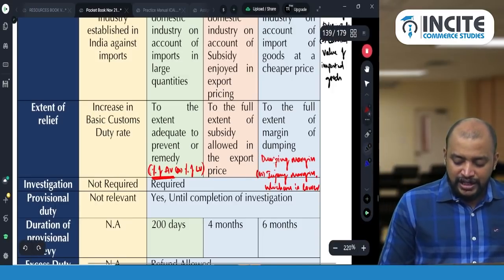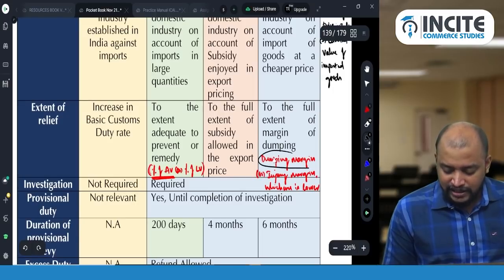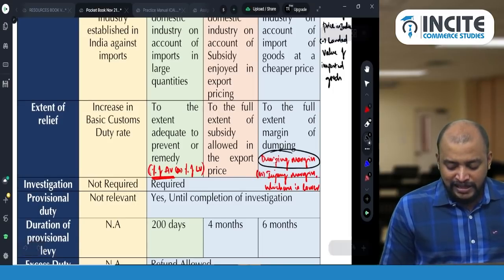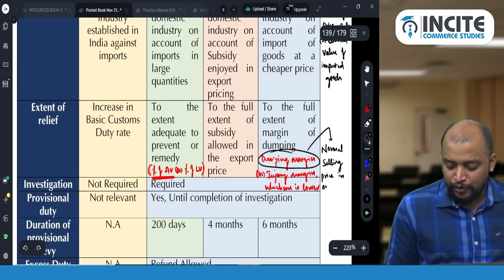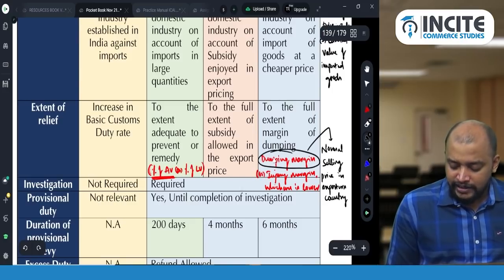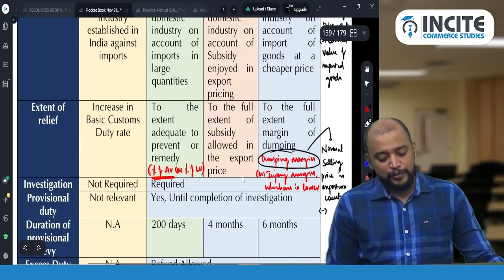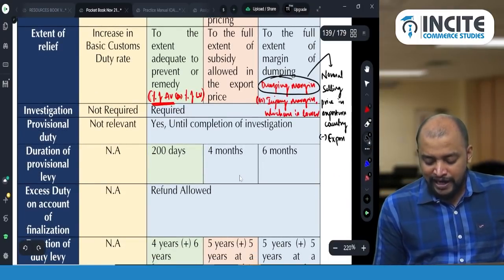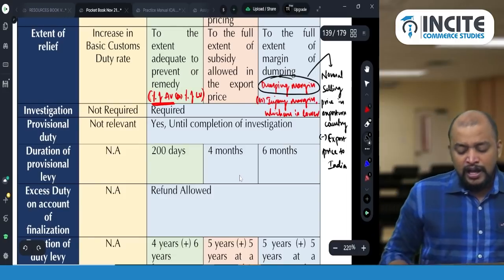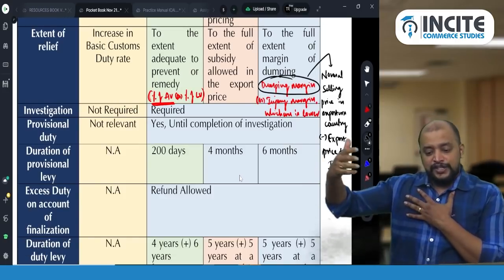Dumping margin is nothing but normal selling price in exporter's country minus export price to India. That will be taken.